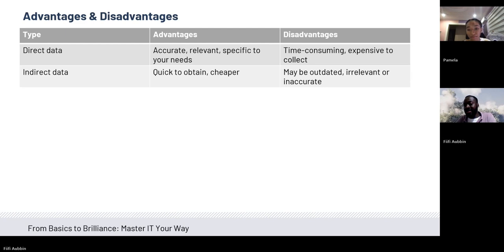Maybe by the time you collect the information, the population has increased, so it will not fit your need at that particular point in time. Or it might not be the exact type of data you're looking for, just similar to it. Does that make sense? Yes.